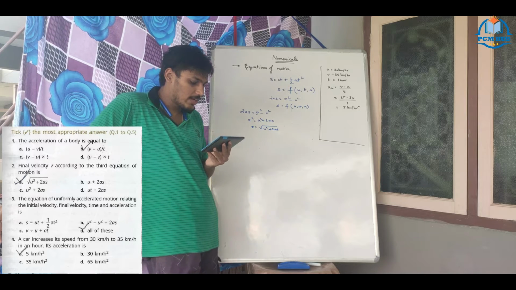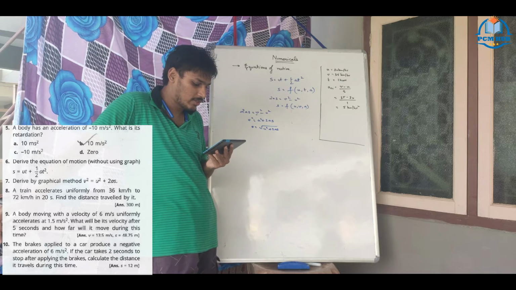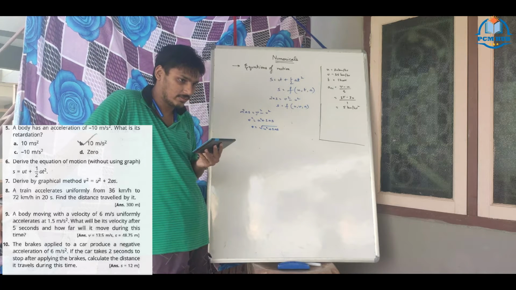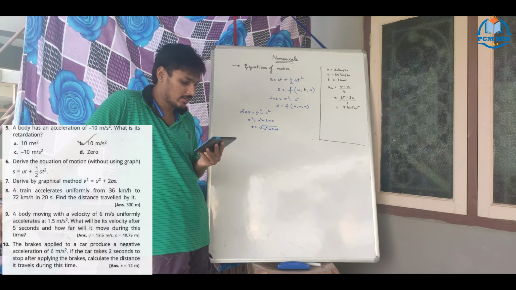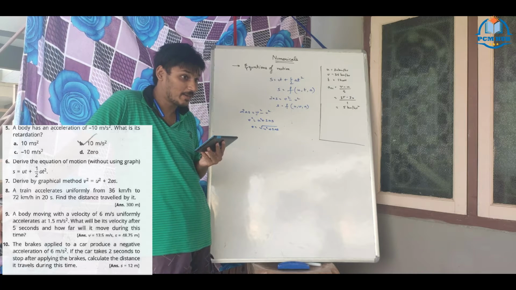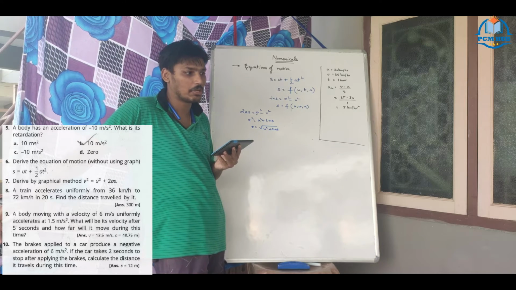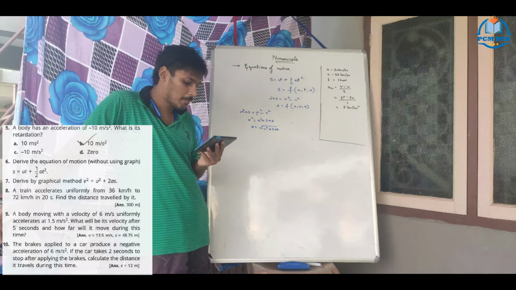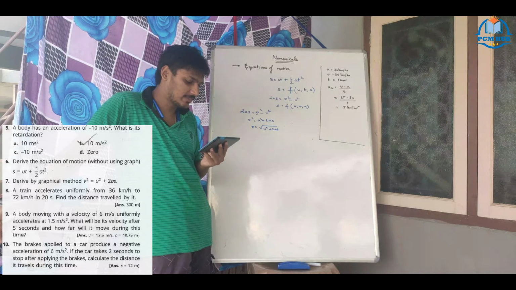So next one: a body has an acceleration of minus 10 meter per second square. What is its retardation? Having an acceleration of minus 10 meter per second square means it is a retardation of 10 meter per second square. That's the fact.